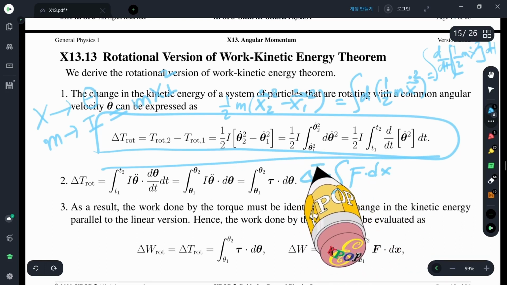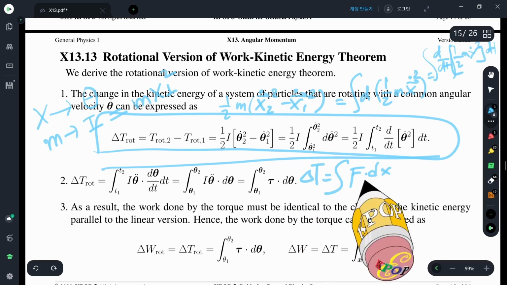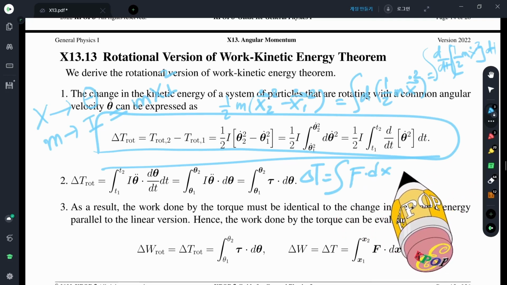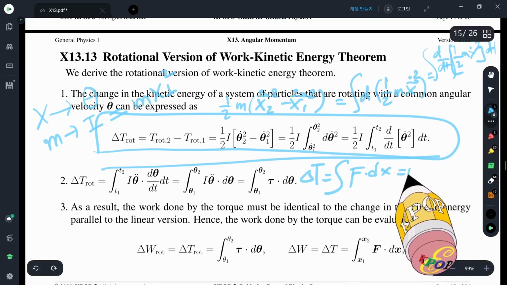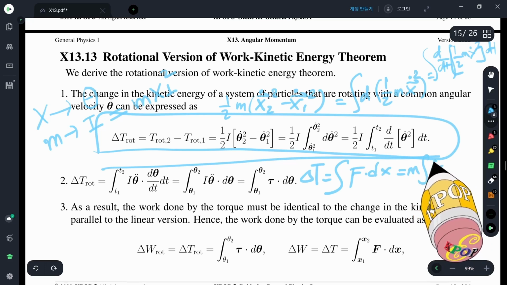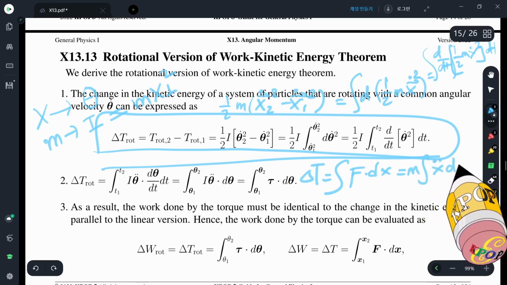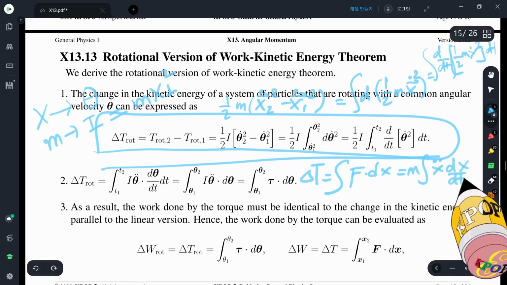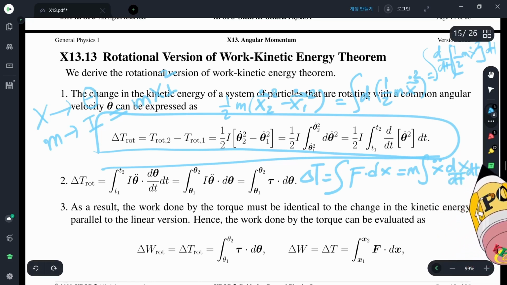Delta kinetic energy is the force times displacement. In here, this force is m x double dot, dx, and it is replaced with the time derivative and the time integral.